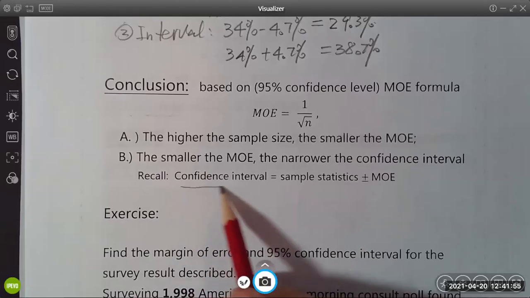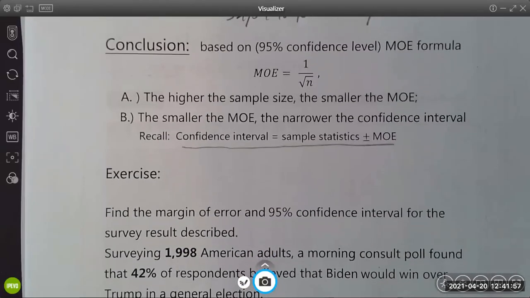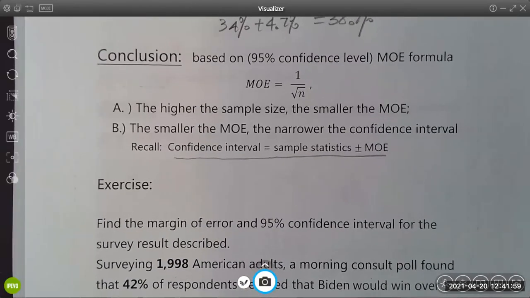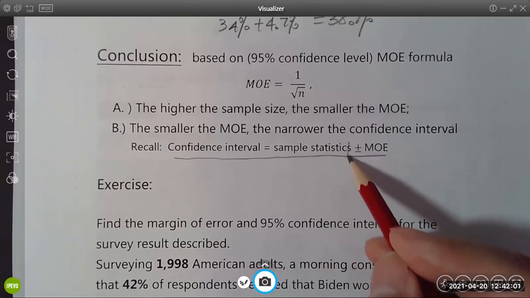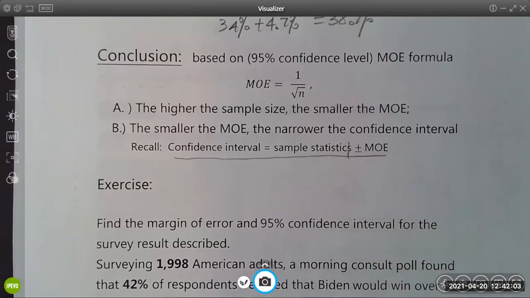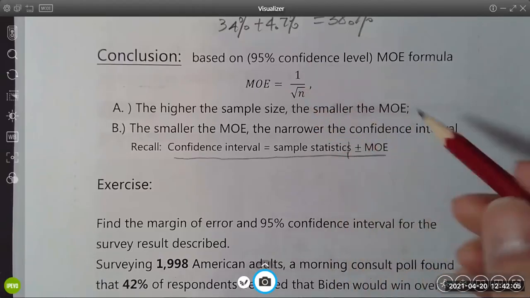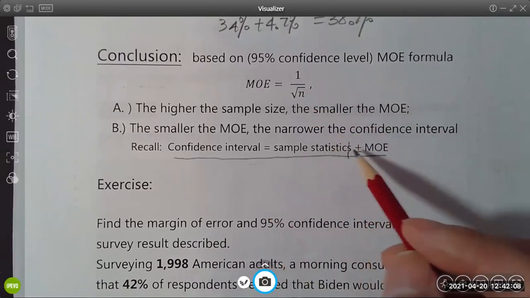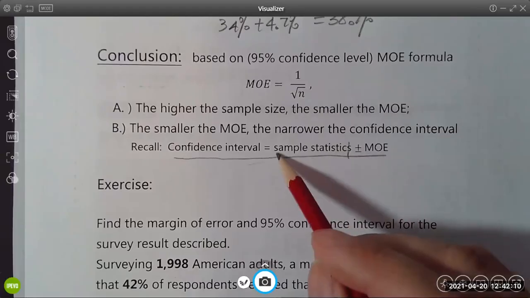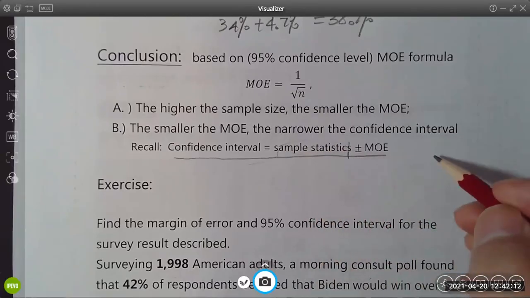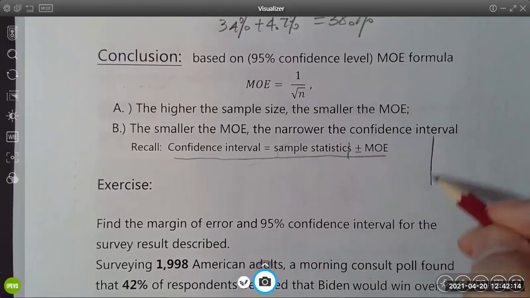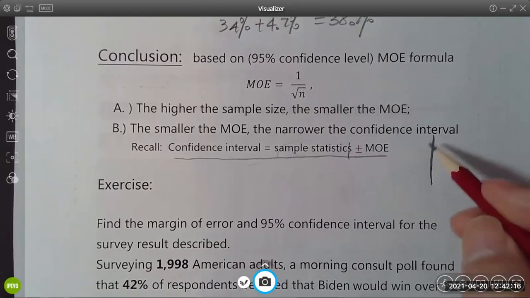Remember how we create a confidence interval. We use the sample statistic plus or minus the margin of error. The margin of error is just a number, don't forget that. When you plus or minus, you put the sample statistic in the middle.